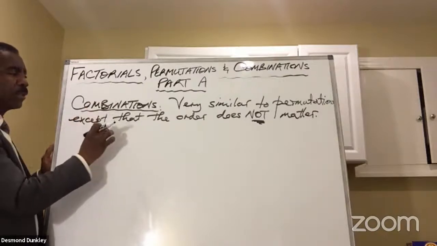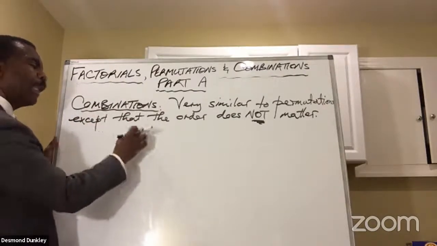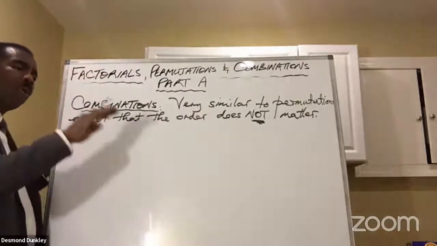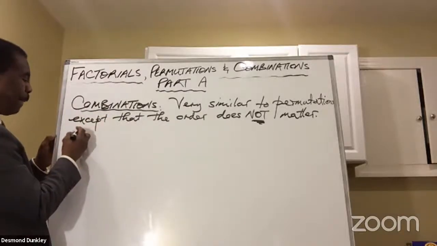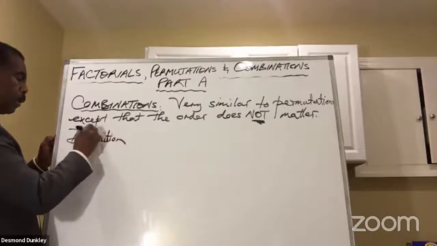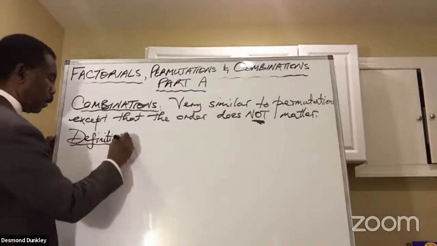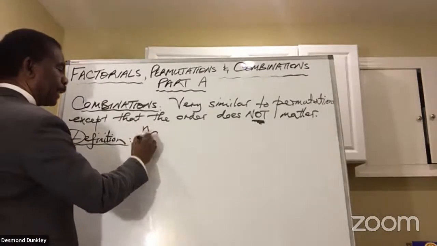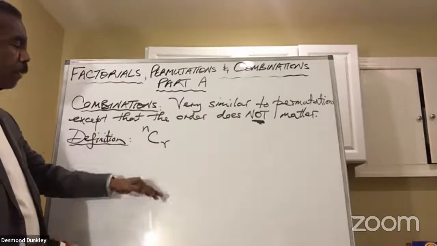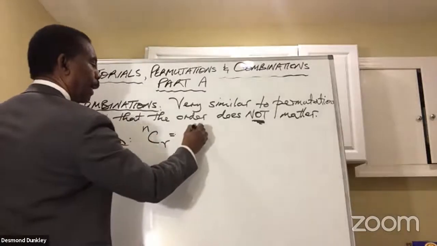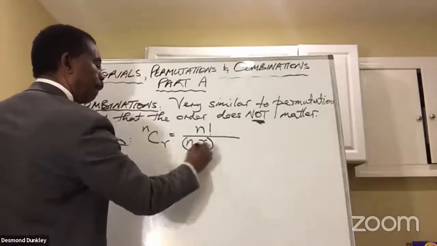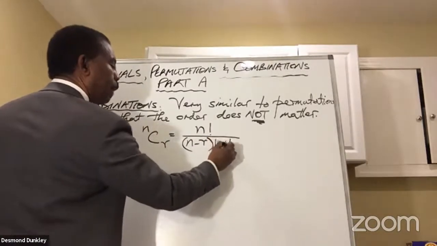Again, combinations represent the number of ways of selecting R items from a total of N items so that the order is not important. So the mathematical definition is nCr, n superscript, r subscript, is equal to n factorial over n minus r factorial times r factorial.